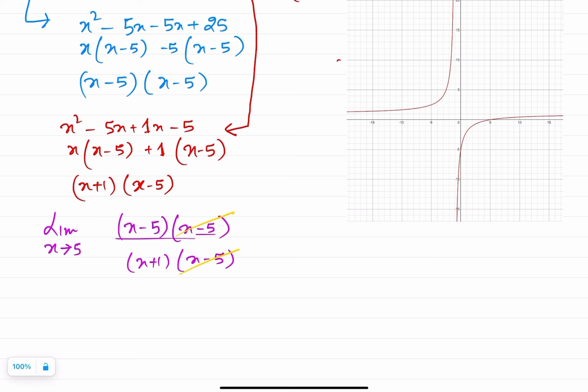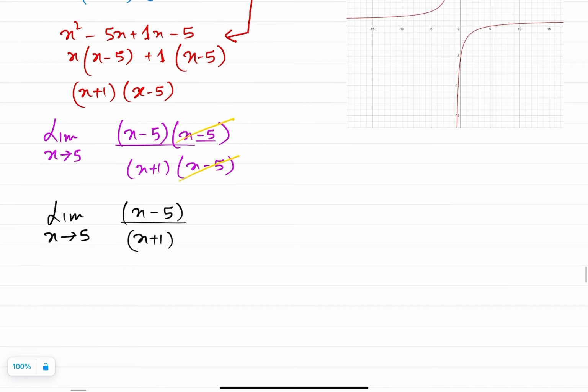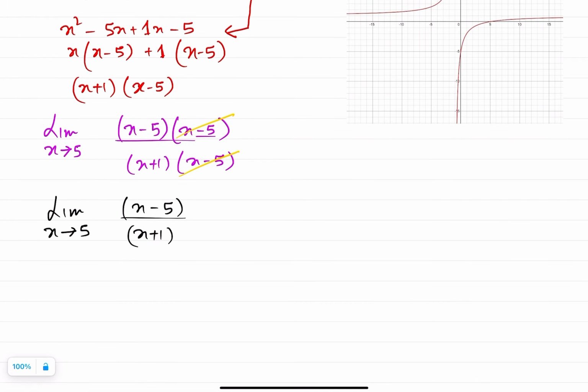You are left with the limit as x approaches 5 of x minus 5 divided by x plus 1. Now if you put 5 in the denominator, it will not be equal to 0. So you can simply put the value of 5 in the function.